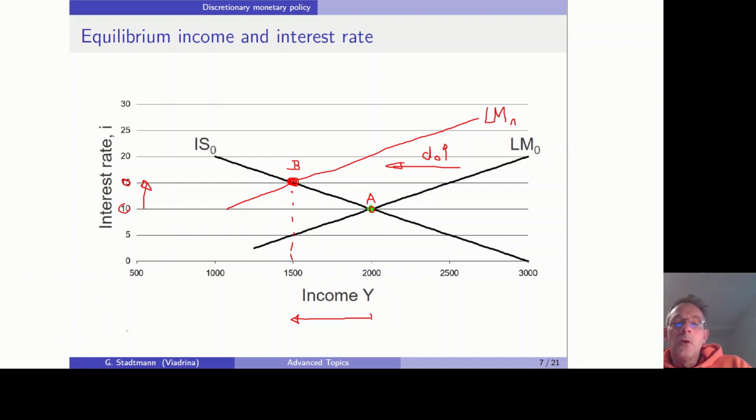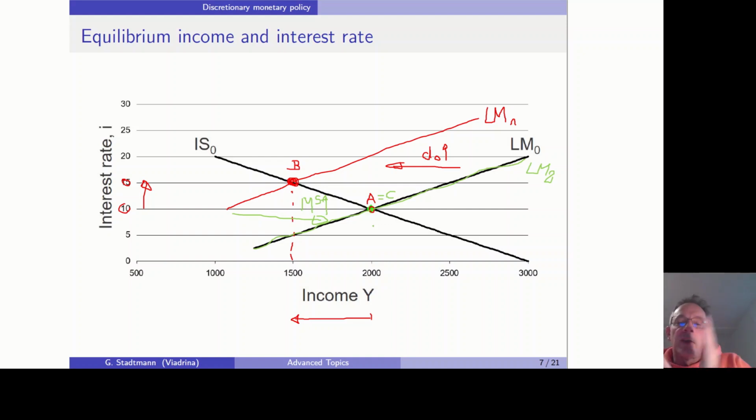The central bank could implement an expansionary monetary policy and shift the LM curve back to the right. So the central bank has to make a decision now. The central bank has to opt for an increase in money supply, and then the LM curve will shift into its old position, and we'll get an equilibrium here in point C, which is equal to the old equilibrium in A. But point B would also be an equilibrium.